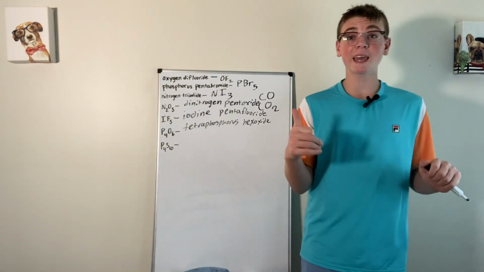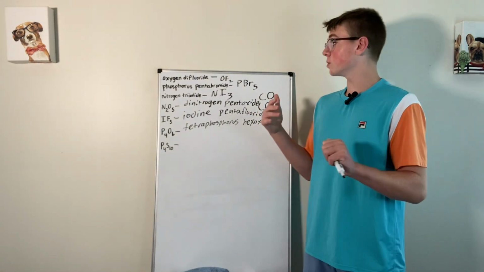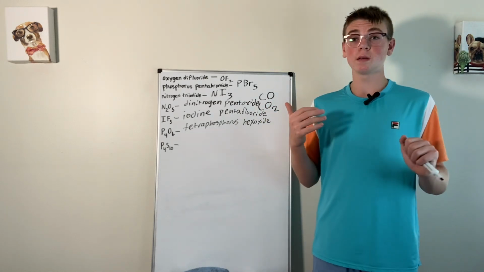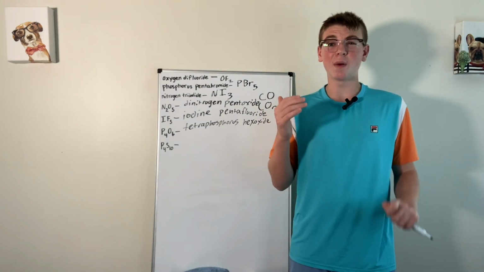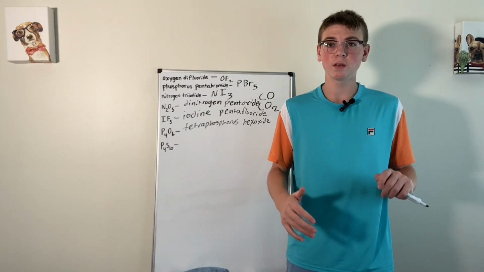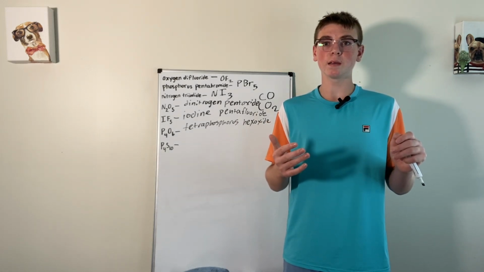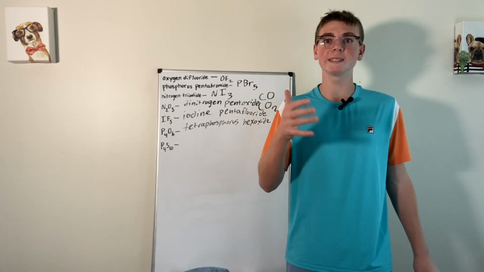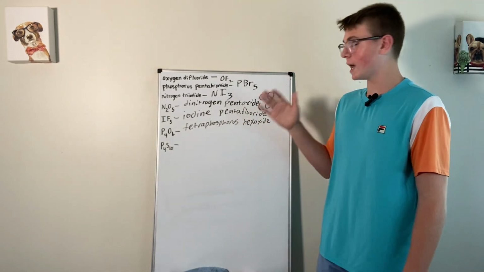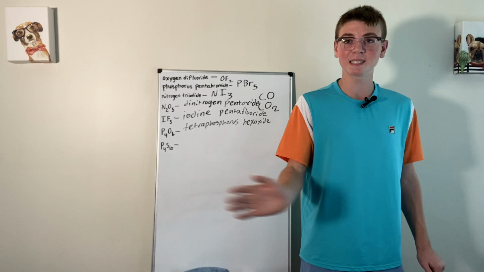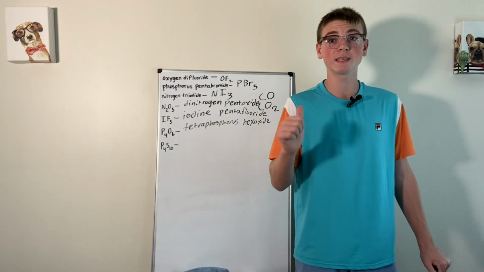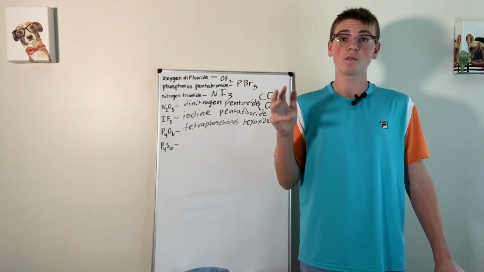But then the second one is "ide." So yes, you wouldn't say carbon monooxygen, you'd say carbon monoxide. Or carbon dioxygen, you say carbon dioxide. So the first element stays the same. The name is the same as it is on the periodic table. Then the second one, you change it into its ide form.